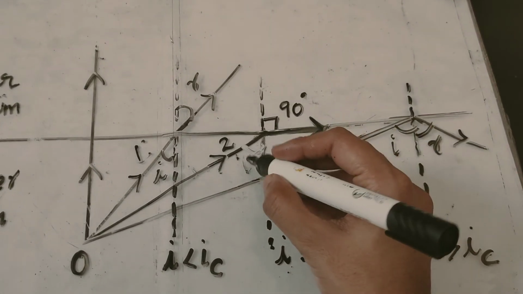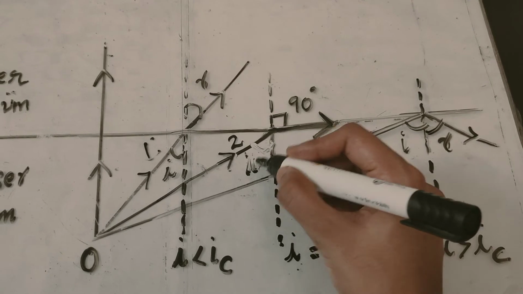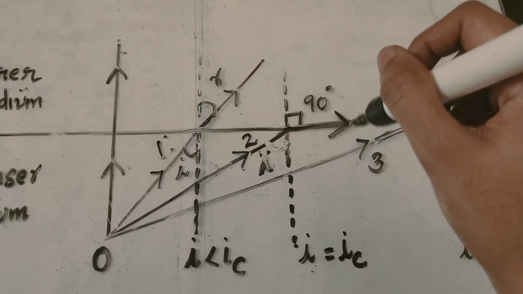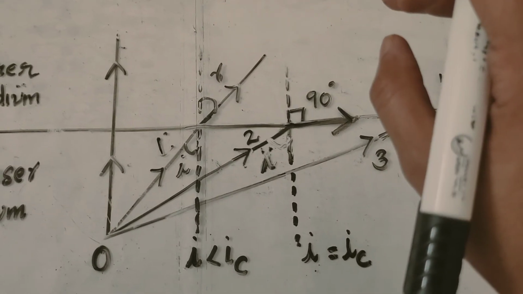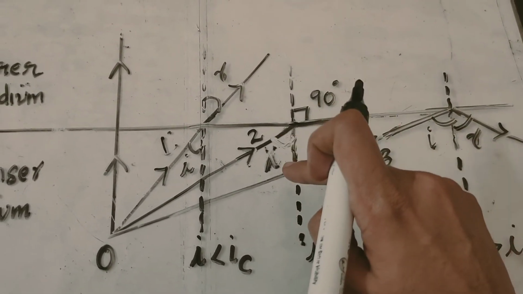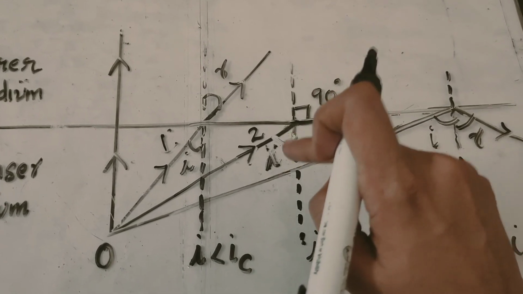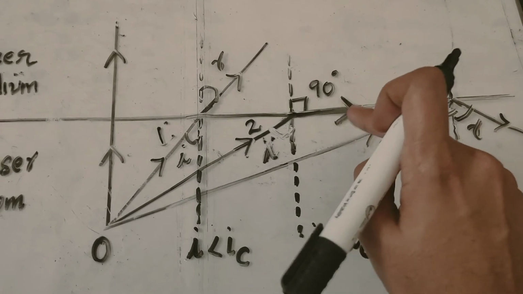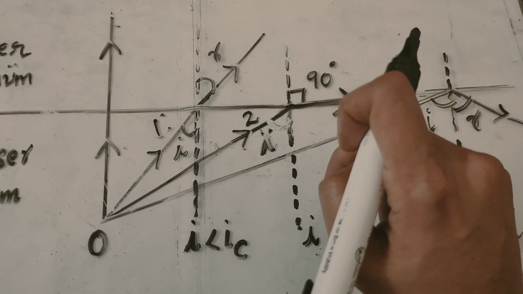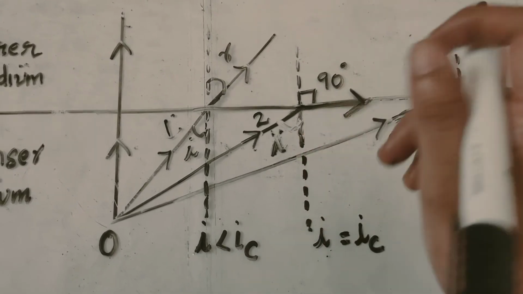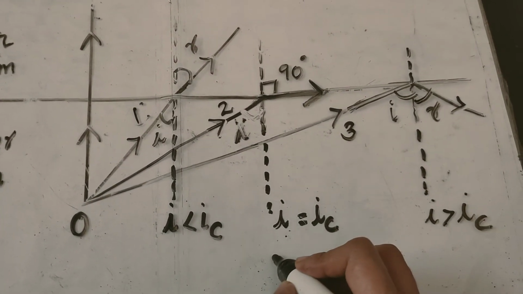Critical angle means the angle of incidence in the denser medium for which the angle of refraction in the rarer medium is 90 degrees. That angle of incidence is known as the critical angle.